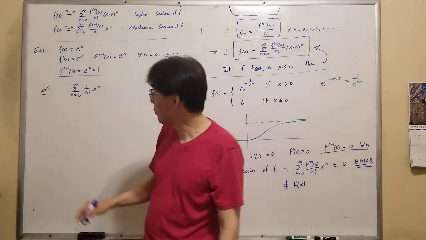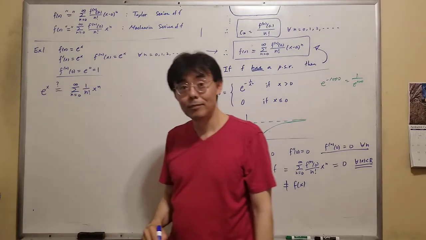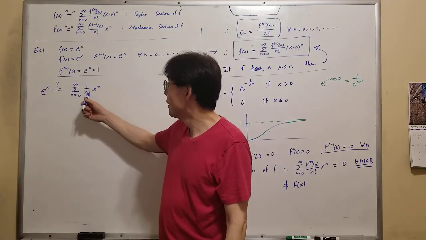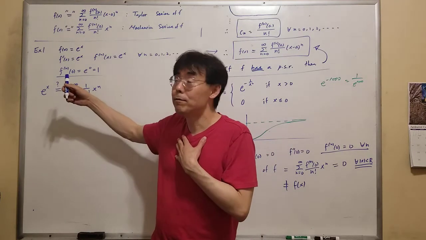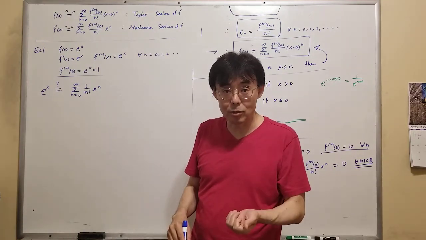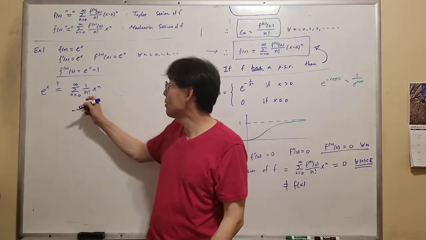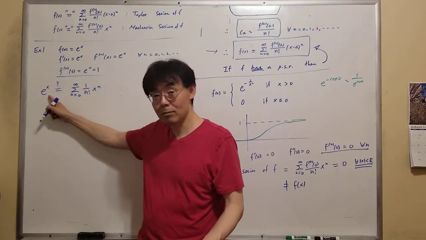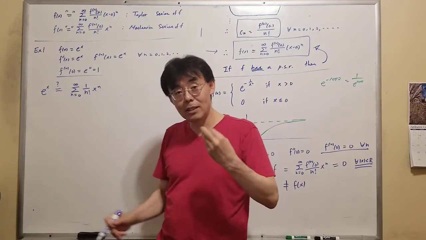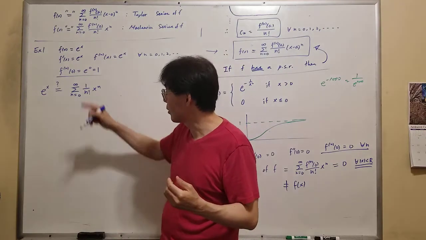Now, can we say that they are equal? We don't know yet. Because they are equal only if e to the x has a power series representation, which we don't know yet. So this is the form of the power series representation using the Maclaurin series formula, assuming that e to the x is analytic at 0.